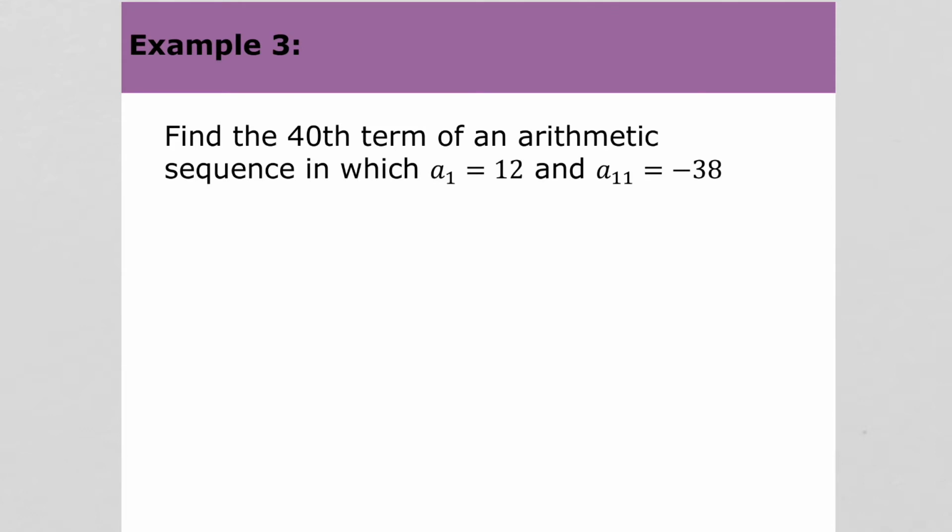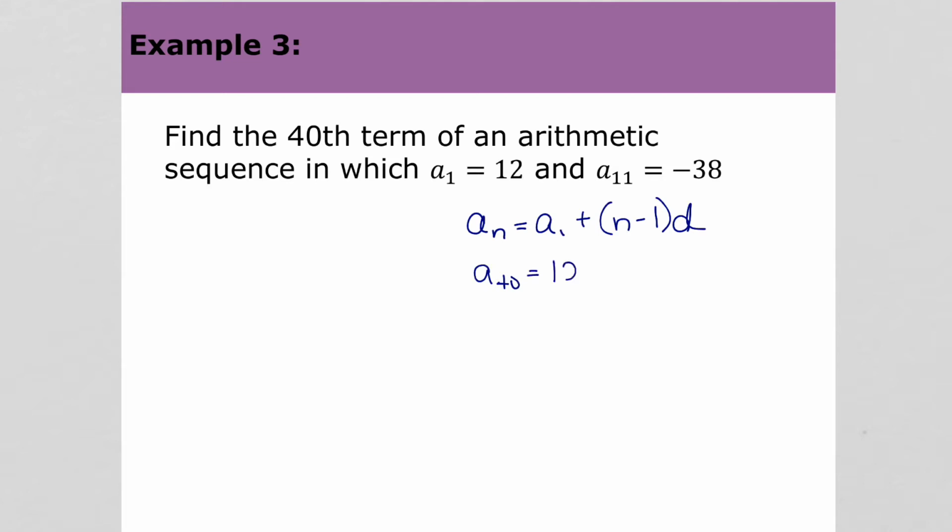Another example says, find the 40th term of an arithmetic sequence in which a sub 1, or the first term, is 12, and a sub 11 is -38. So in order to find the 40th term, using a sub n equals a sub 1 plus n minus 1 times d.